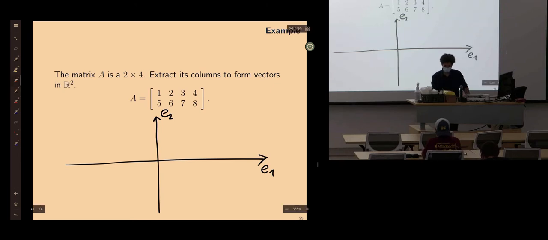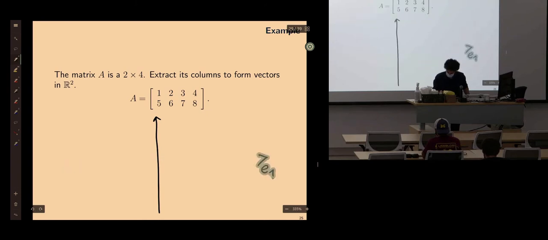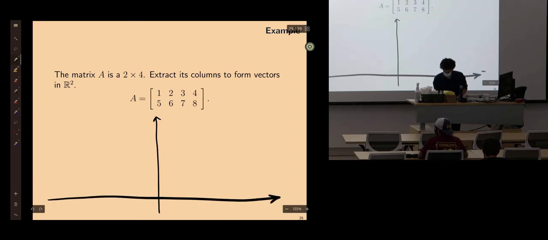Now everything is positive, so I'm going to write it like this. 1, 2, 3, 4, 5, 6, 7, 8.